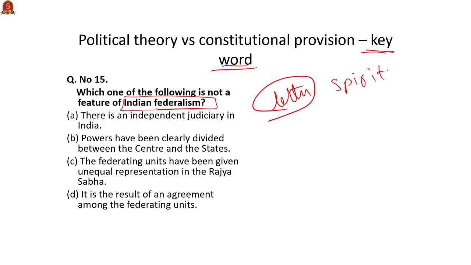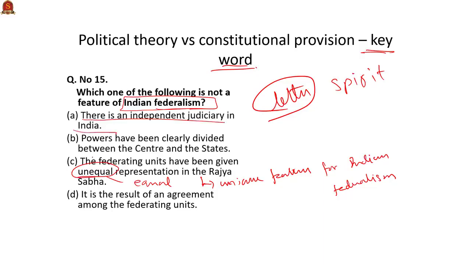Because actually, if you say a federal country, there should be equal representation in Rajya Sabha. But unequal representation in Rajya Sabha is a unique feature of Indian federalism. So here you have to go by the letter of the Indian constitution, because the provisions are given.